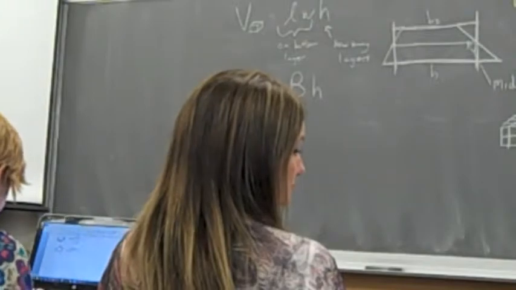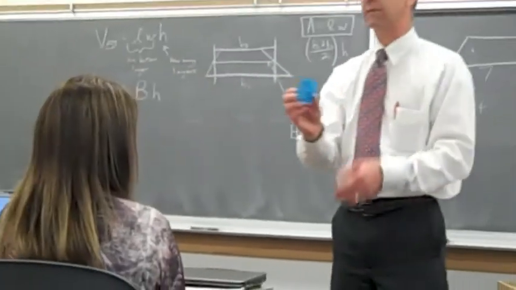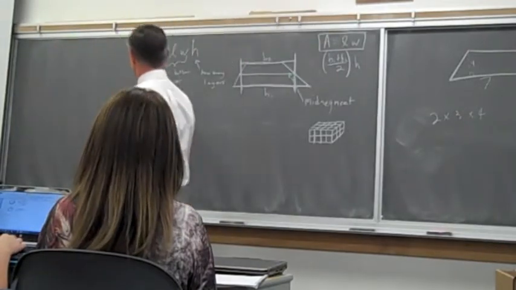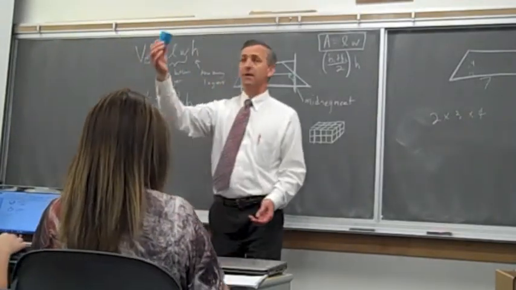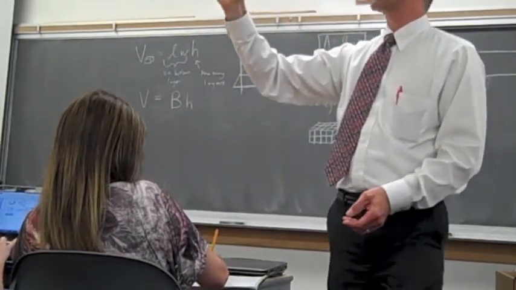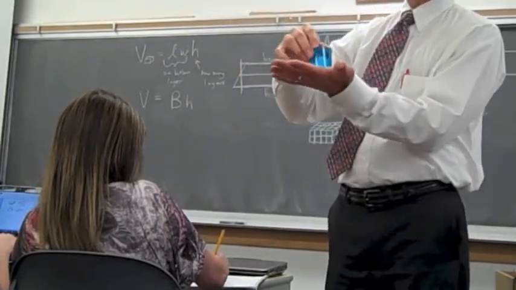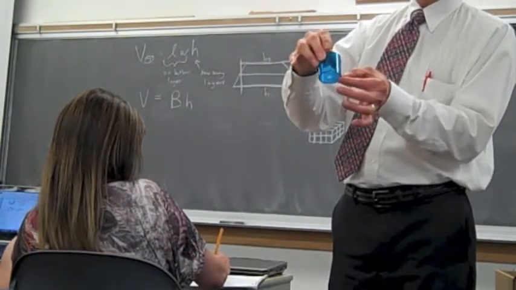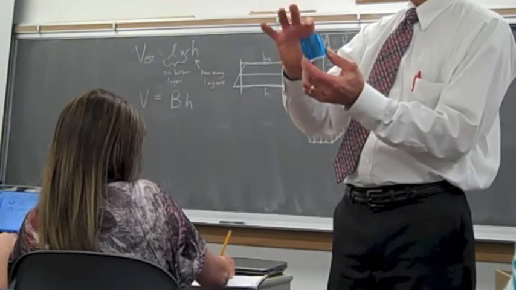In fact, this is not technically a prism, but it still works. This formula right here works for this. What's this called? Cylinder. What's the base called? Circle. So I find the base area, that's how many are on our first layer, and then I times it by how many layers there are.